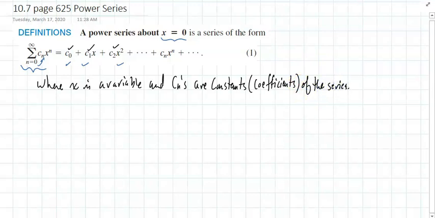And this series, so this power series, converges or diverges. So this may converge or may diverge for some values of x.